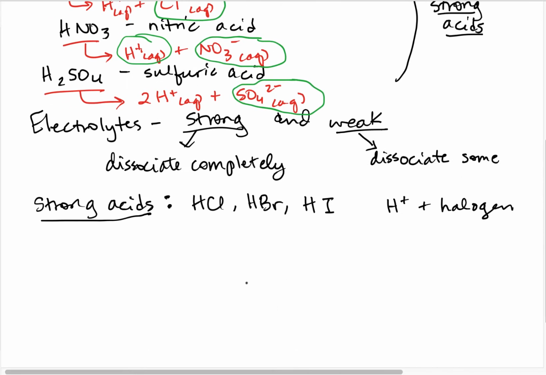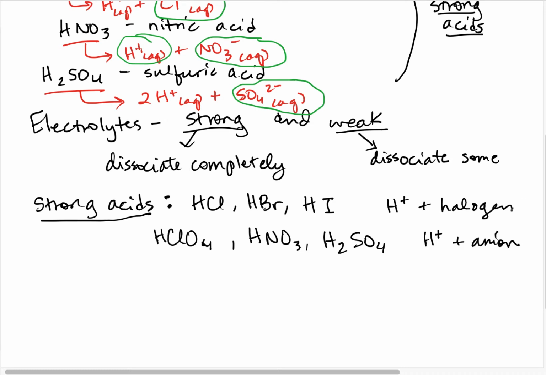And then we also have HClO4, HNO3, and H2SO4. So these three are H plus a specific polyatomic anion. And I should still say that's still an anion. Okay, so these are the 6 strong acids that you are responsible for knowing.